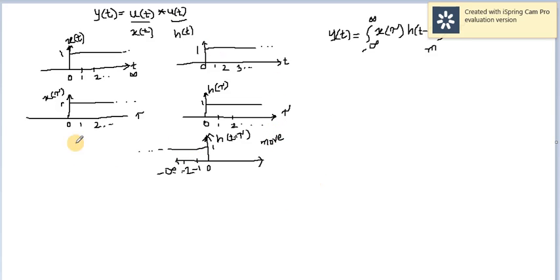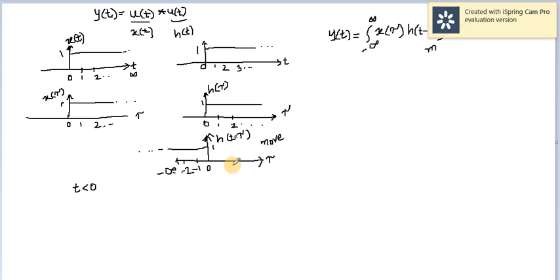So right now, when the value of t is negative, when this axis is tau, when t is less than 0, then the signal is going to move on the left side.